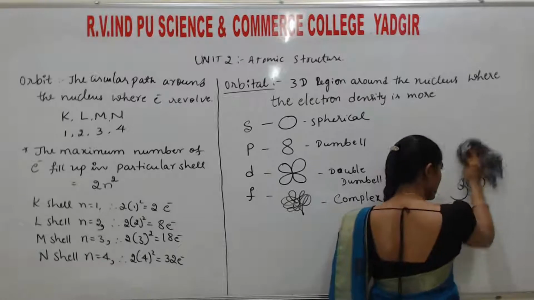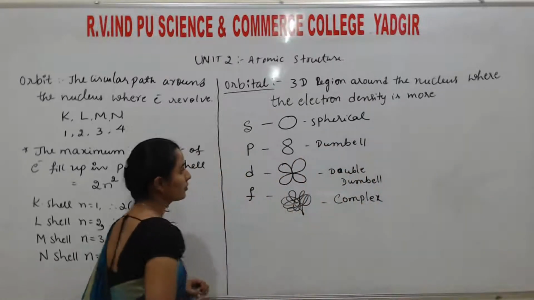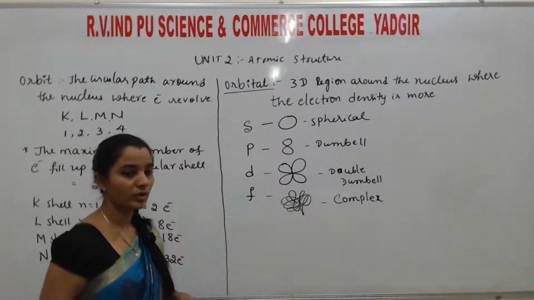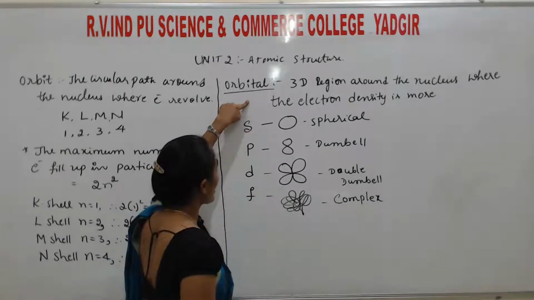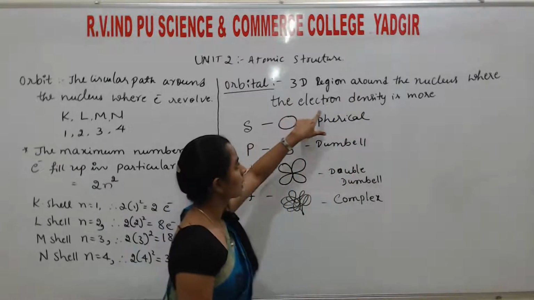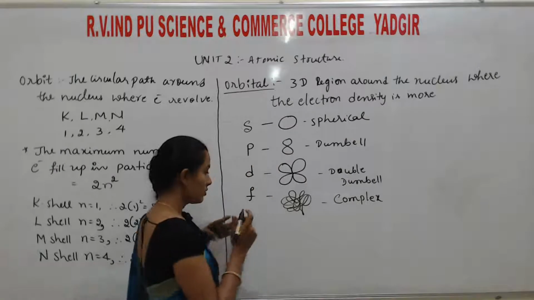In the next class, next chapter, chemical bonding is there. In that I will explain, students, the shape of the molecule, how the orbitals overlap, how the sigma bond forms, how the pi bond forms. Now you just assume the orbital is the three-dimensional region around the nucleus where the electron density is more. So these are the SPDF orbitals.